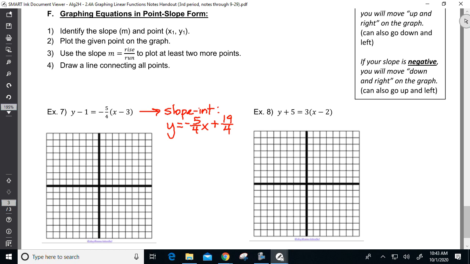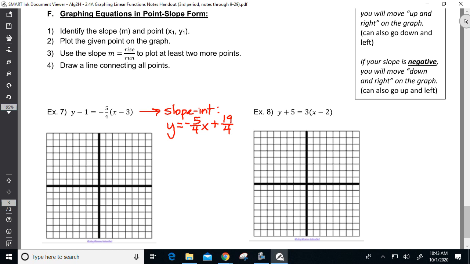So, if you want to graph that, have fun. Be my guest. Find 19 over 4 and put it on the graph. Do what you need to do. But, to avoid having to deal with that, if we can identify the slope and the point, we can still graph this function.